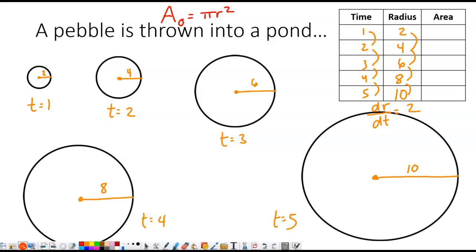Well, since the radius is 2, if you plug that in for r, 2 squared is 4, so you end up with 4 pi. What would the area of the second circle be? It has a radius of 4, so that would be 16 pi. And how about for 6? 8, and finally 10.